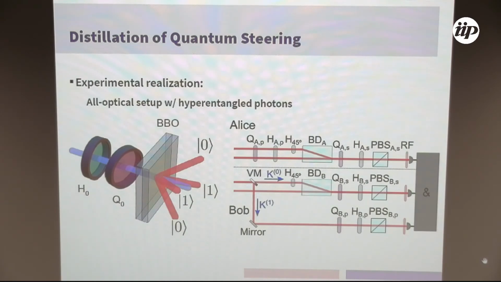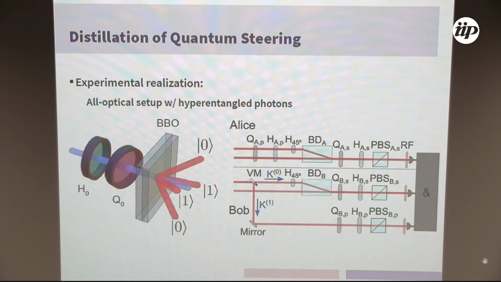So this is an experimental realization. It used spontaneously down-converted photons, and here we use 2 degrees of freedom: the polarization and the momentum that the photon has at the exit of this nonlinear crystal.